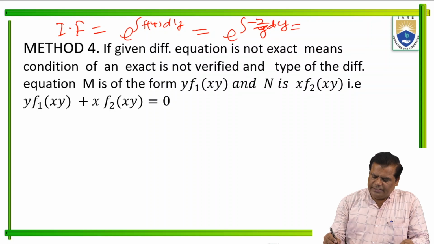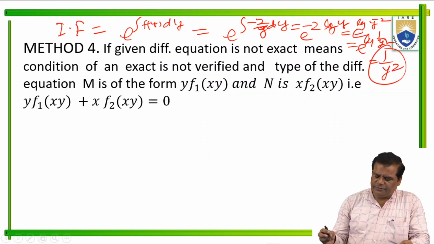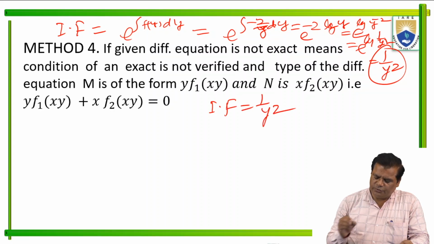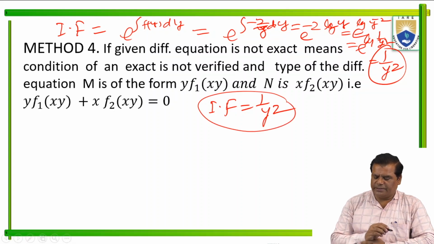So here is minus 2, this is log y, integration of 1 upon y is log y, e to the power minus 2 log y. So this is e to the power log 1 upon y square. So this is 1 upon y square. This is IF. So the integrating factor is 1 upon y square.